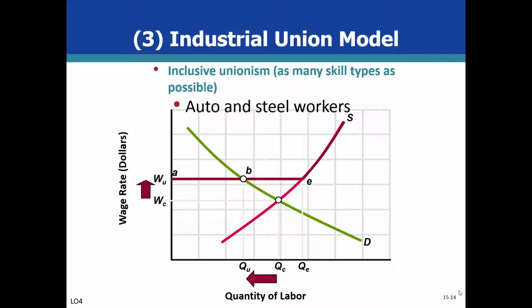The firm becomes the wage taker. This type of union model is present in the automotive industry for the Detroit 3 and the steel industry. Note, Toyota and Honda do not have workers that belong to a union.